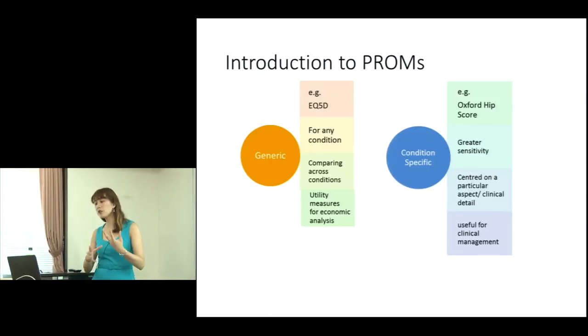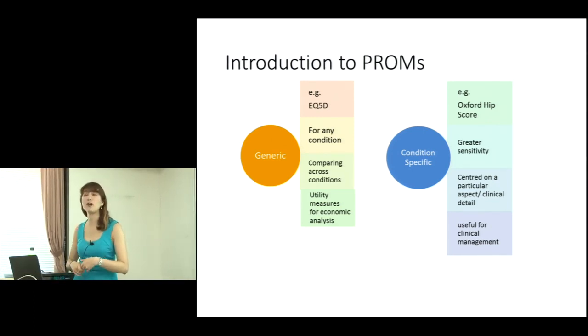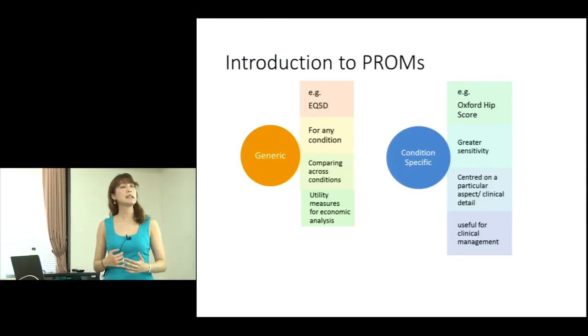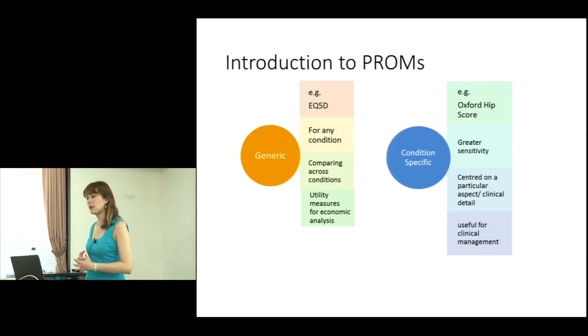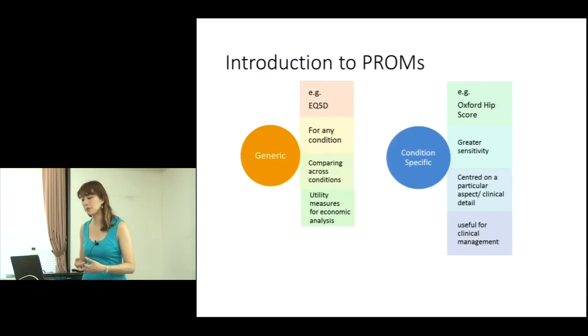Okay. So generic PROMs are, for example, the EQ5D, which many of us have heard of, perhaps used or seen. Five dimensions, fairly easy, straightforward to fill in for patients. And also the SF36, again, very widely used, both. And they essentially allow comparisons between conditions.